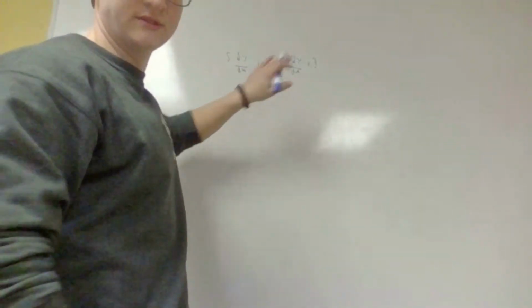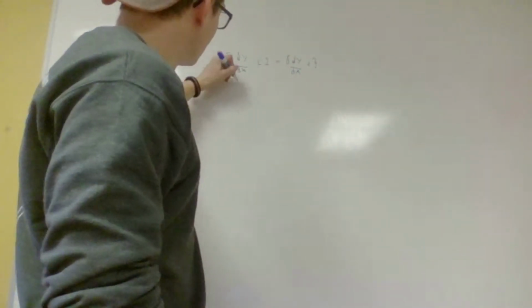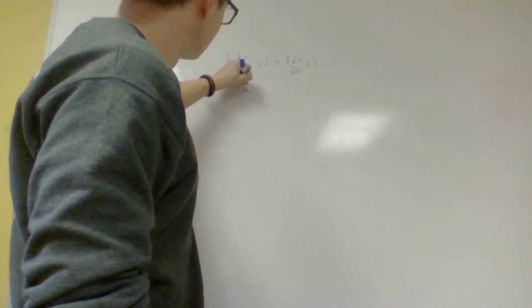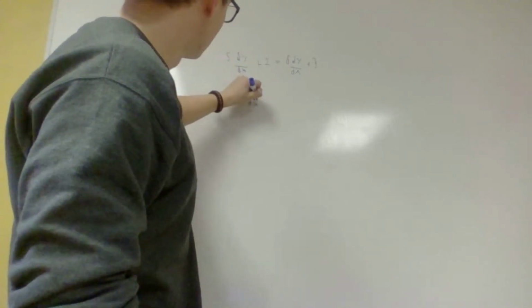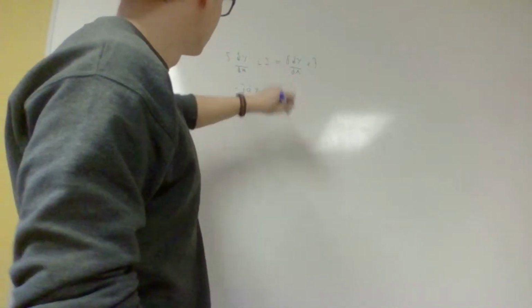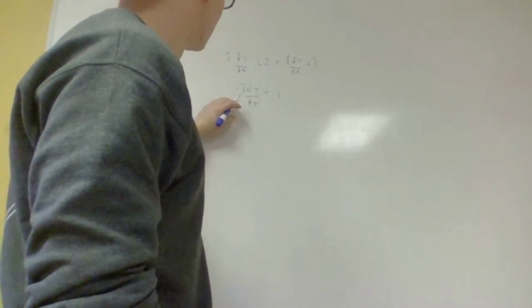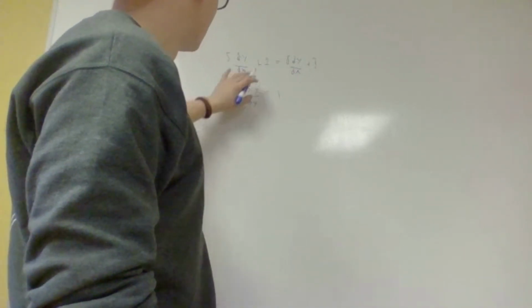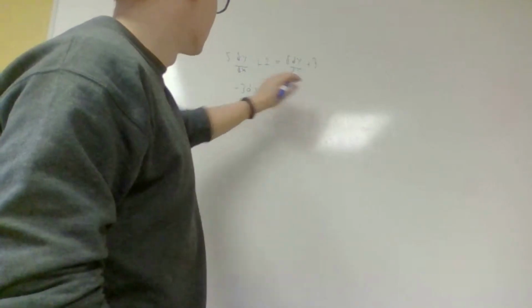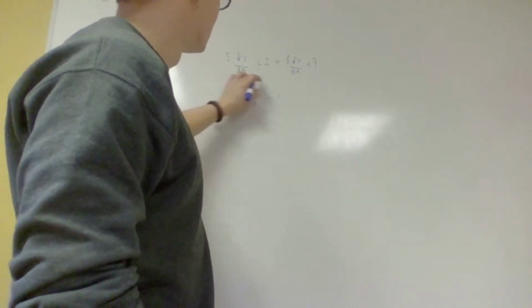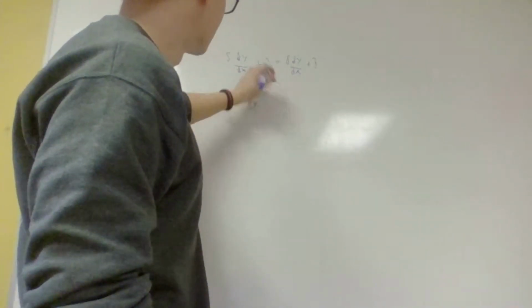So solve for dy dx, and you get negative 3 dy dx equals, well, no, you get 3 minus 5.